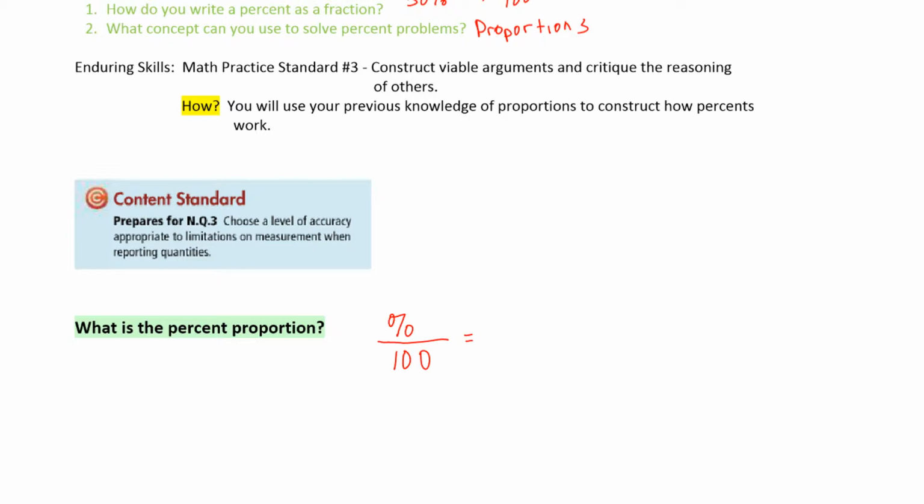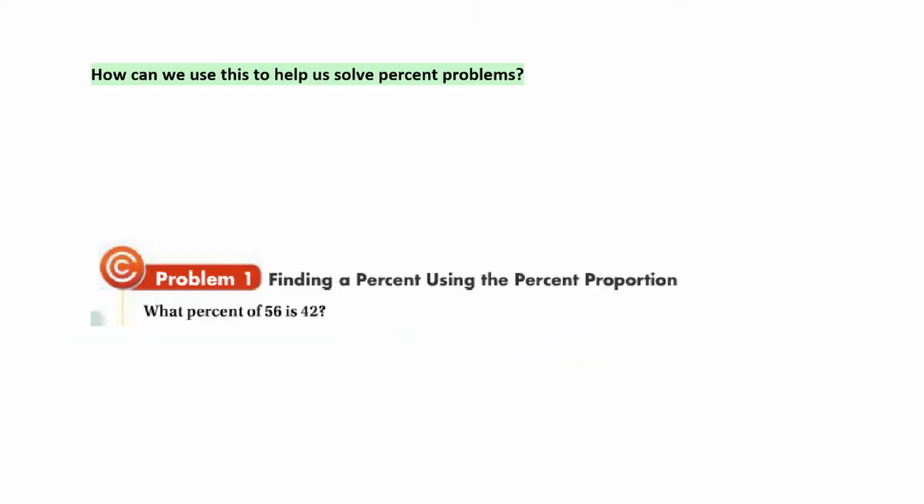Percent over 100 equals part over whole, which is the same thing as is over of. And the whole is also sometimes called the base. So a good way to remember this is percent over 100 equals part over whole, which is is over of.